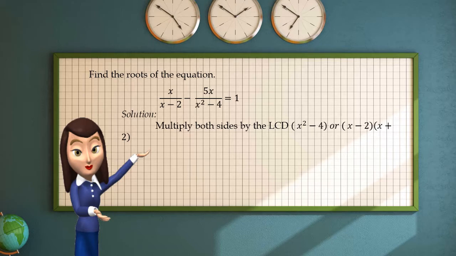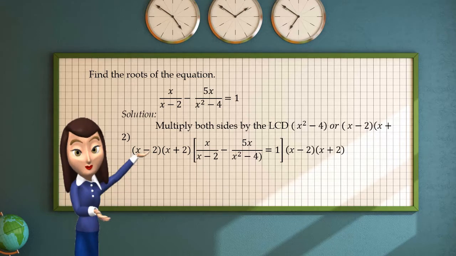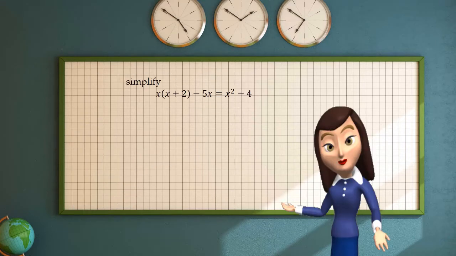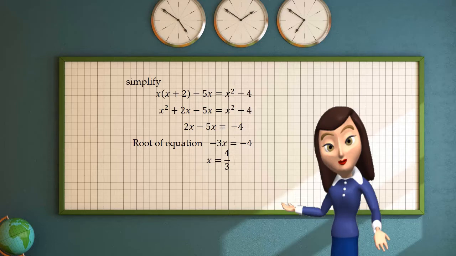Solution: Multiply both sides by the LCD, x squared minus 4, or x minus 2 times x plus 2. x squared plus 2x minus 5x equals x squared minus 4. 2x minus 5x equals negative 4. The root of the equation is x equals 4 over 3.